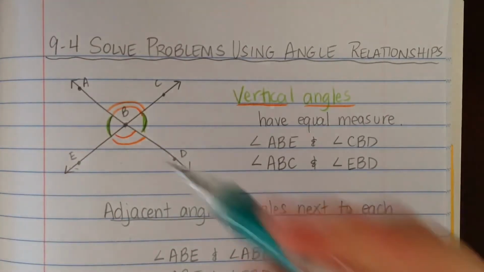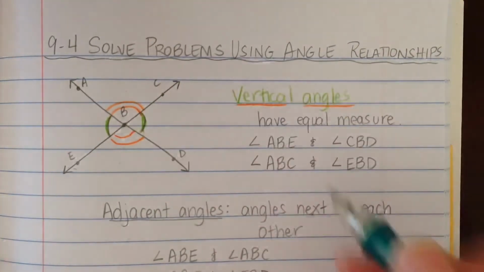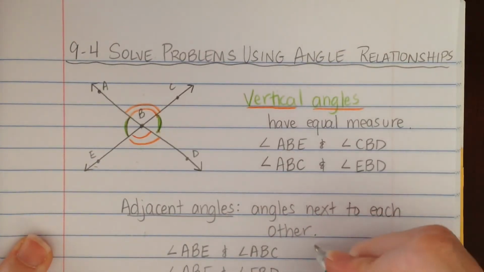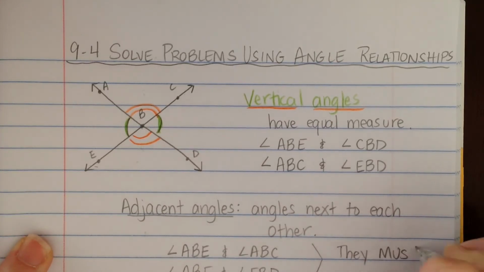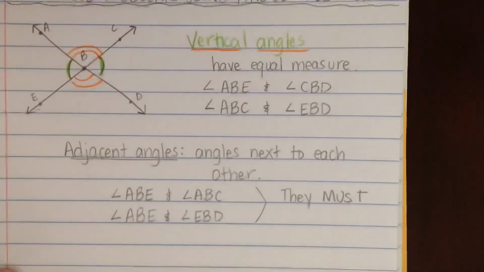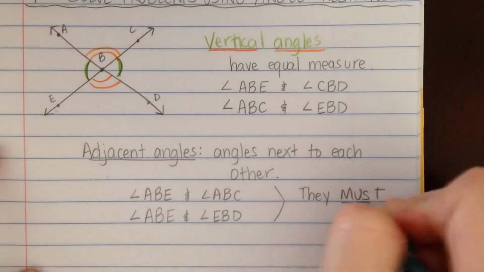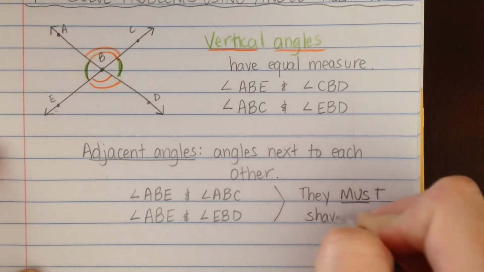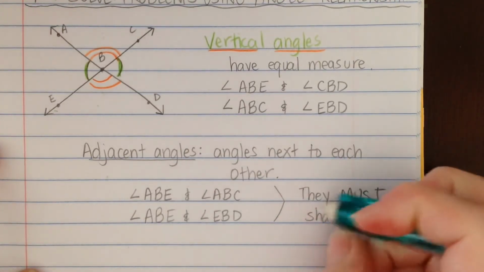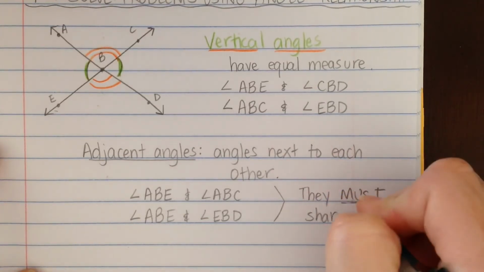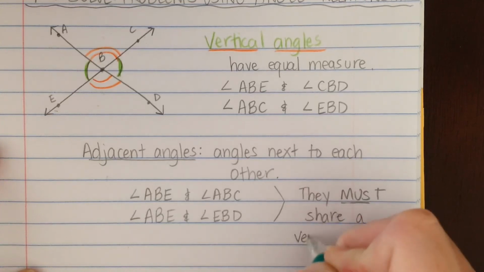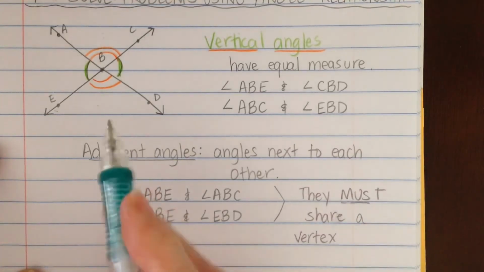If they are adjacent, they must share a vertex, which is that middle point.